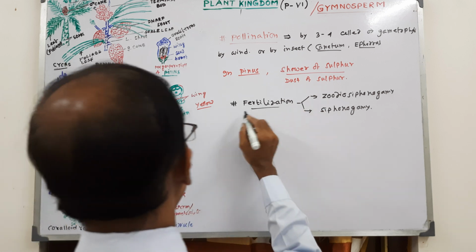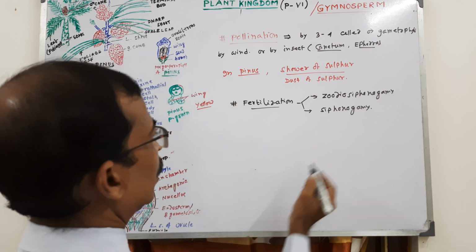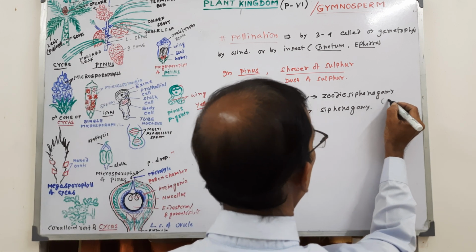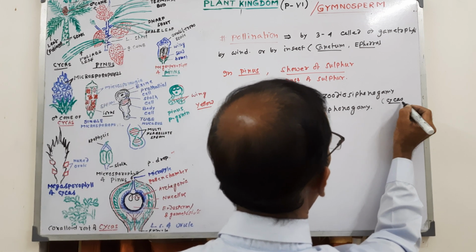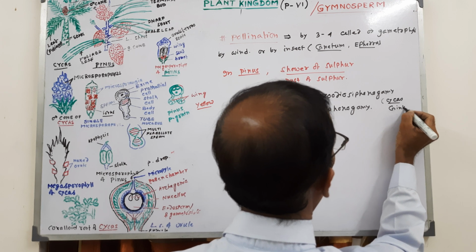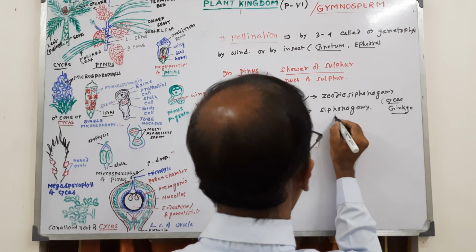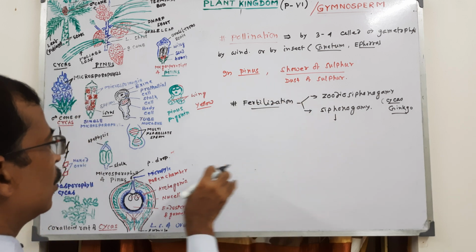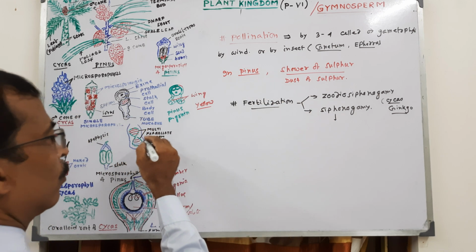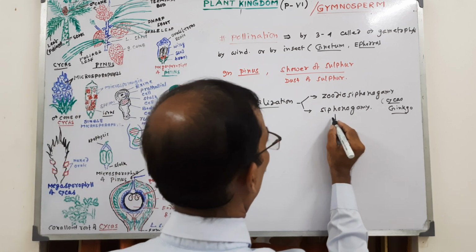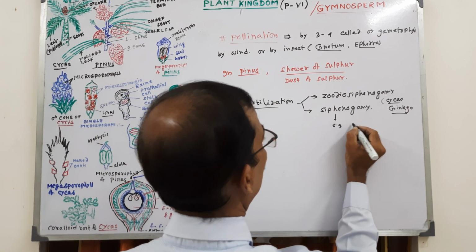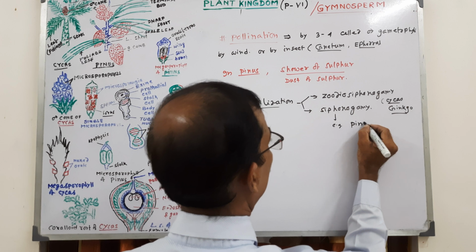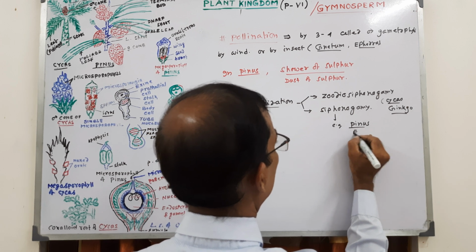So it is called zooidogamy. That is present in Cycas and Ginkgo. But when only non-motile gametes pass into the pollen tube, it is called siphonogamy. Example, Pinus, Ephedra, Gnetum, etc.